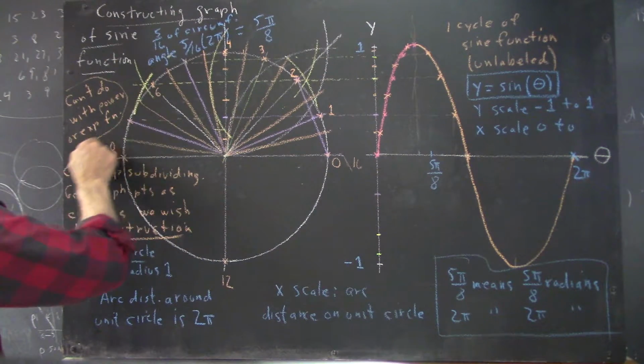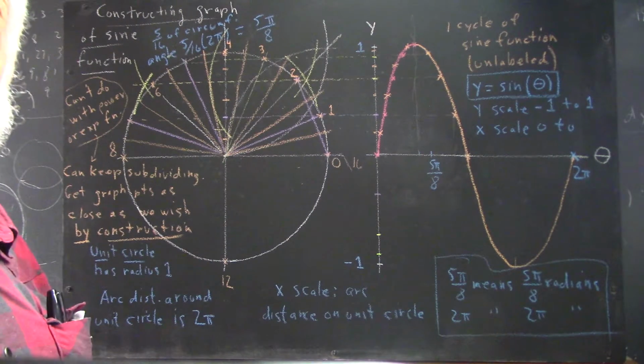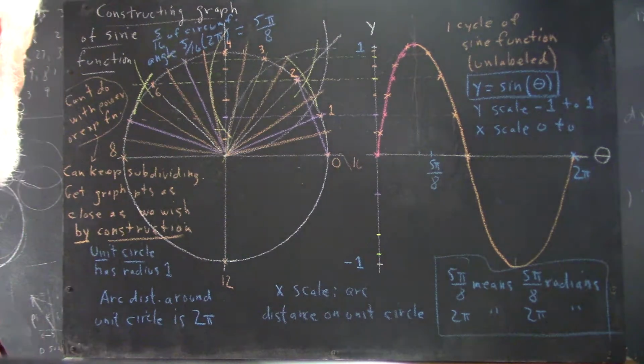Now, I haven't actually gone through a proof that you can't do this with the power and exponential function, because I think you just about have to work out the details of the Galois theory. If you understand that theory, the details are fairly straightforward. And the Galois theory is an extremely deep theory in mathematics.